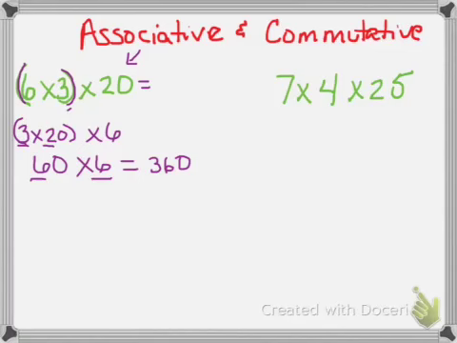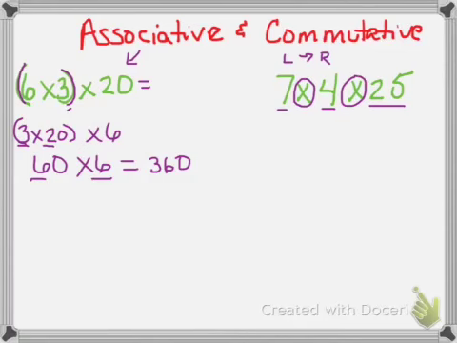The commutative property is just reordering the factors into an easier to process multiplication problem. One thing we will be learning about later this year is order of operations. Order of operations says that I go from left to right within each operation.